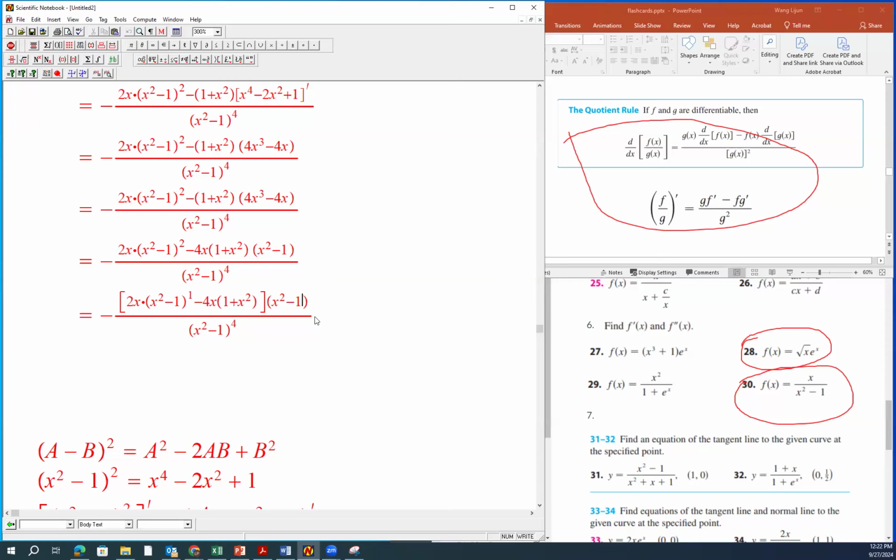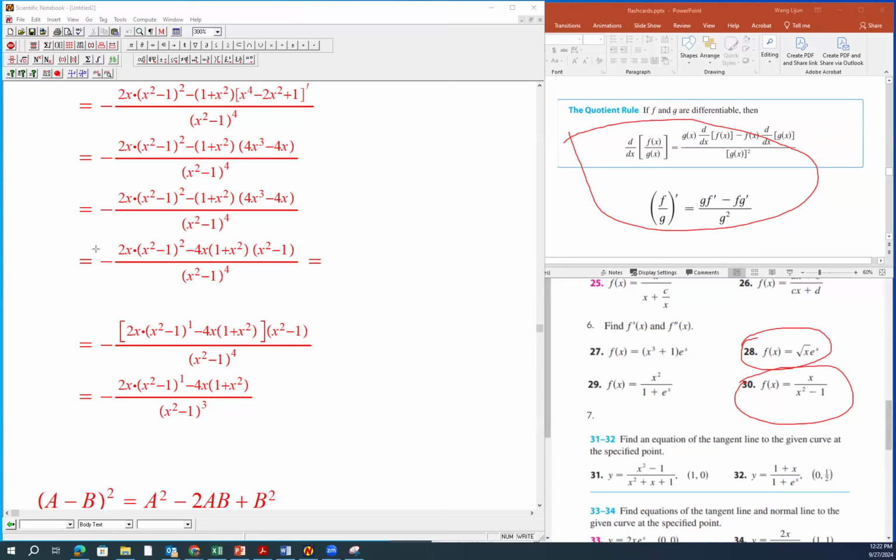Okay, and the other way to do it, I'm going to put it on the side. From here, x squared minus 1 squared, x squared minus 1, x squared minus 1. So you recognize the factors.